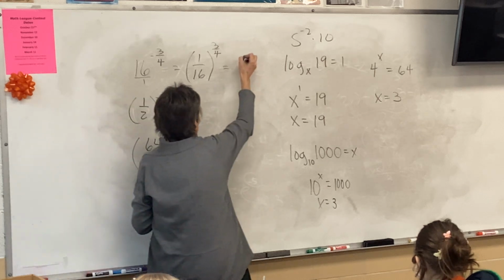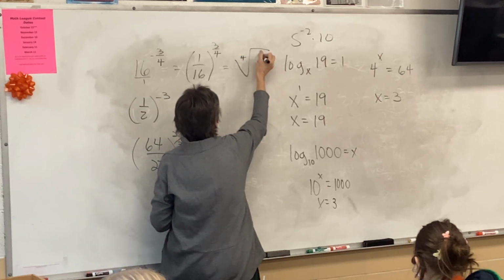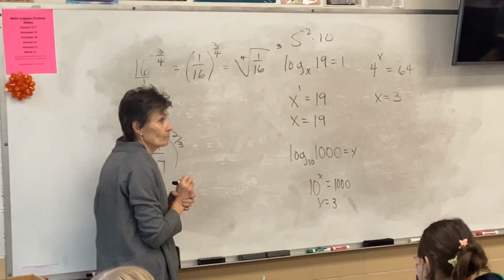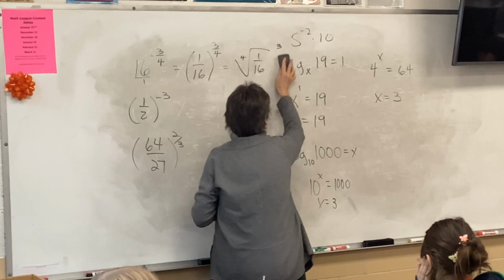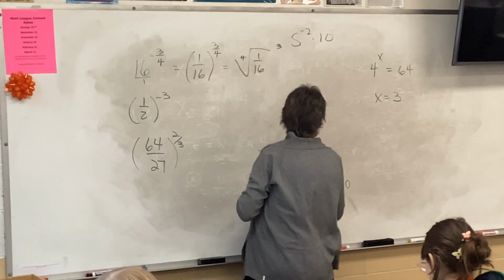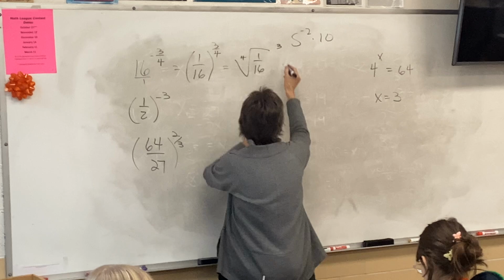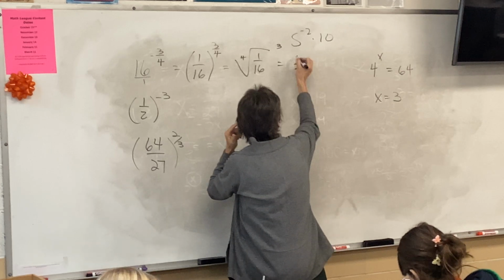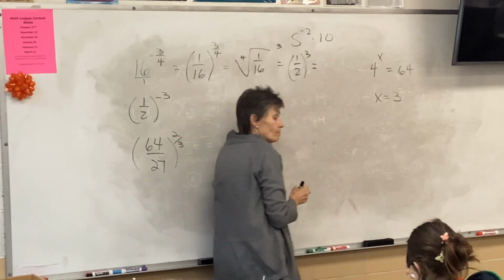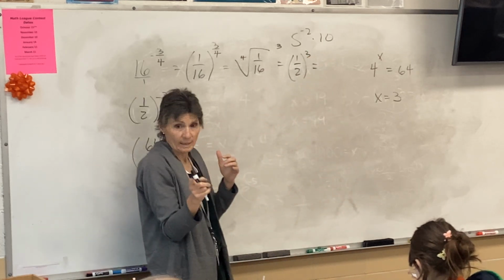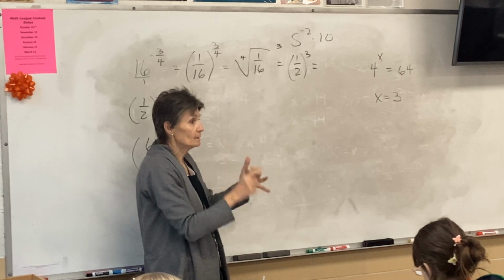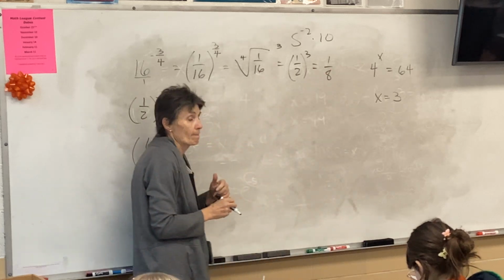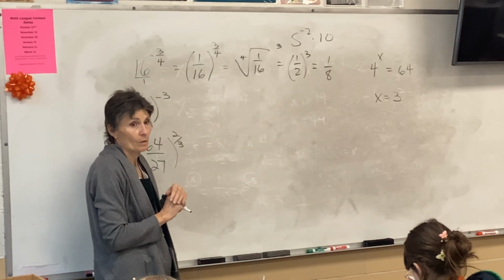So this is gonna be the 4th root of 1/16, and then we're gonna have to cube it. Well, what's the 4th root of 1? 1. What's the 4th root of 16? 2. And then we cube it. That's 1/8. 1 times 1 times 1, 2 times 2 times 2. 1/8. Okay?